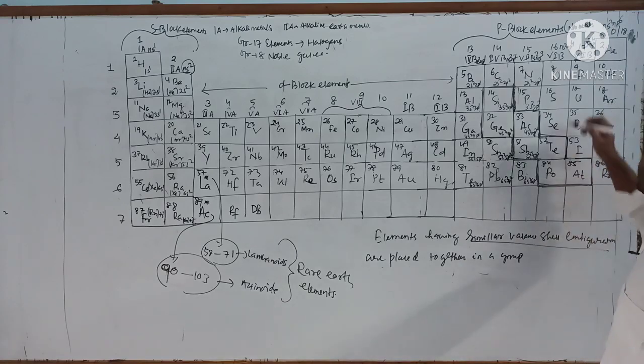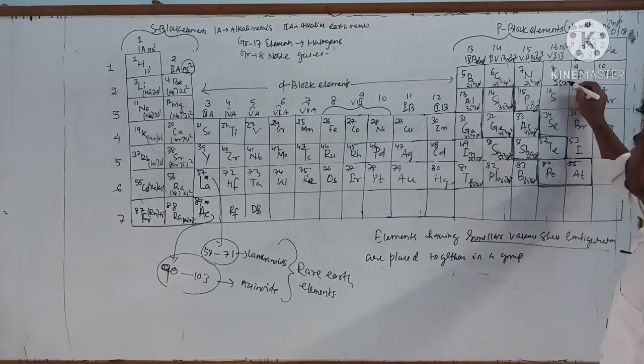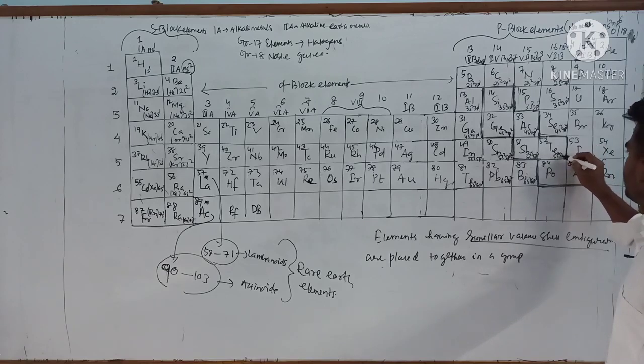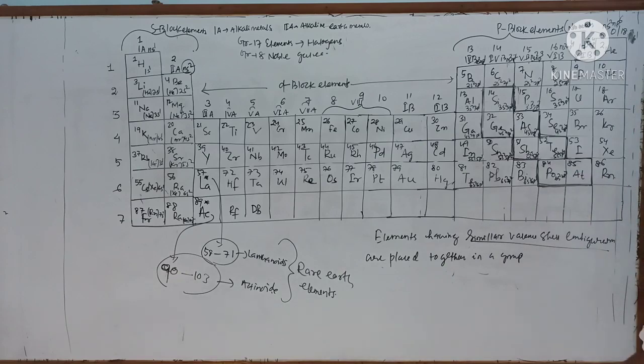Clear? Next this one is 2s2 2p4, 3s2 3p4, 4s2 4p4, 5s2 5p4, 6s2 6p4. Clear? Next this one 2s2 2p5, 3s2 3p5, 4s2 4p5, 5s2 5p5, 6s2 6p5.